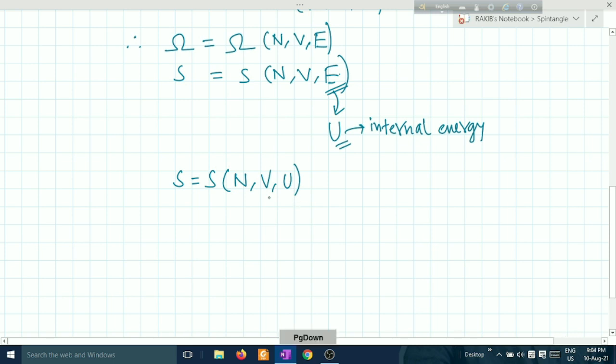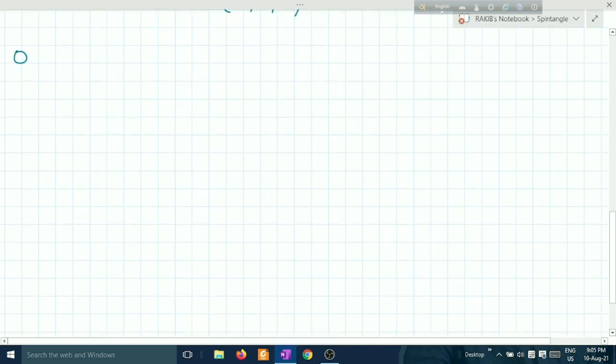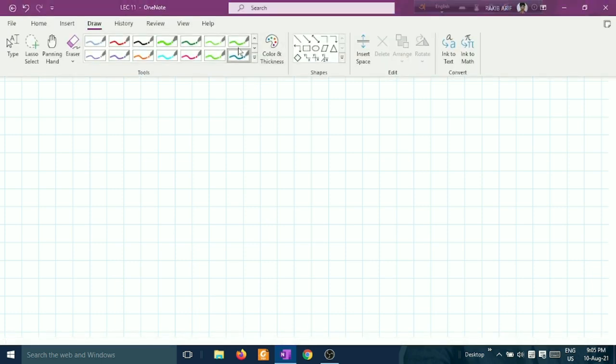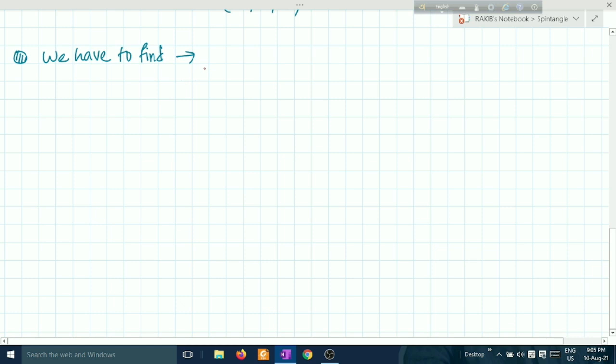So what we have to find in this lecture are some important parameters: Cv, Cp, and gamma, where gamma equals Cp upon Cv.